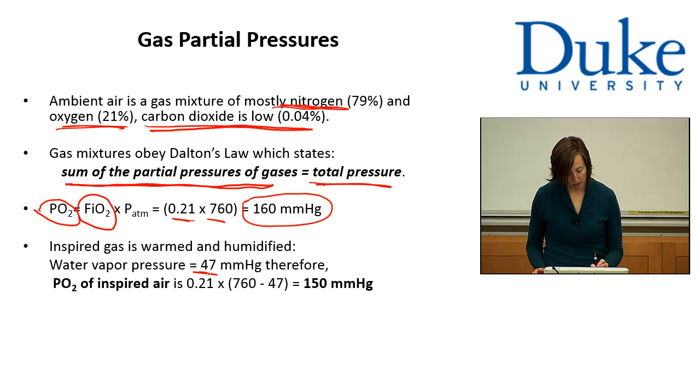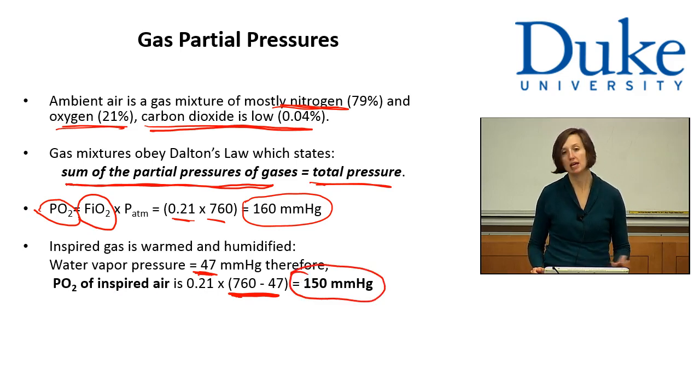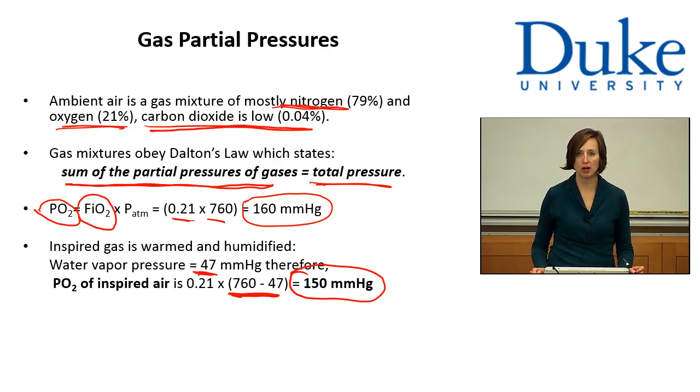The vapor pressure of water is 47 millimeters of mercury, and so that has got to be subtracted from 760 millimeters of the pressure of atmospheric air to calculate now what the new pressure of oxygen is going to be in inspired air, 150 millimeters of mercury.